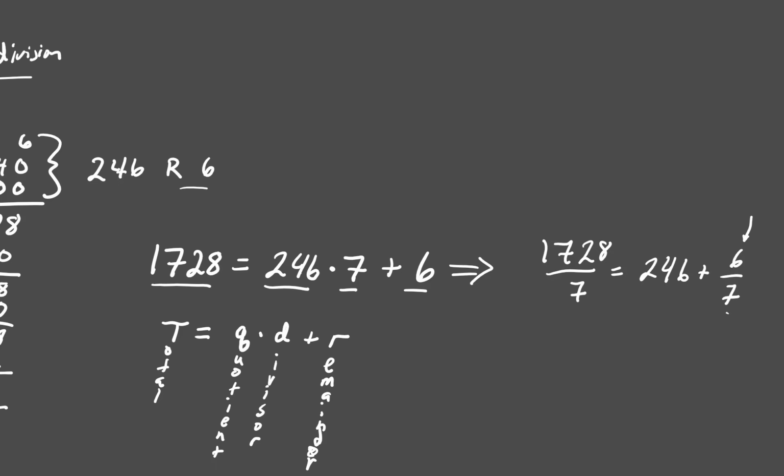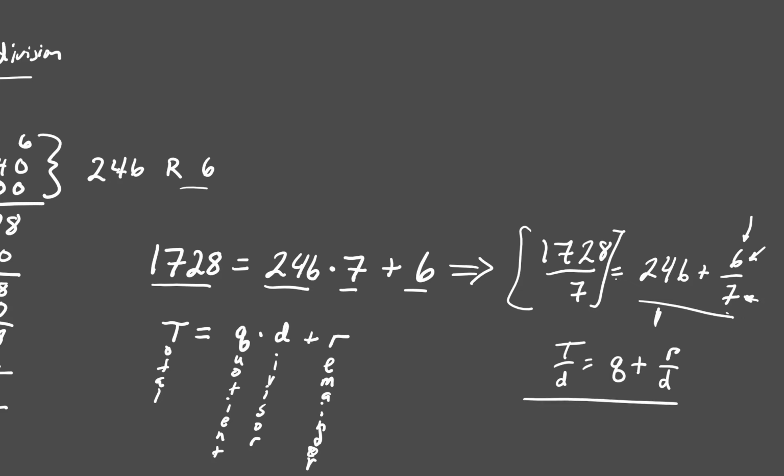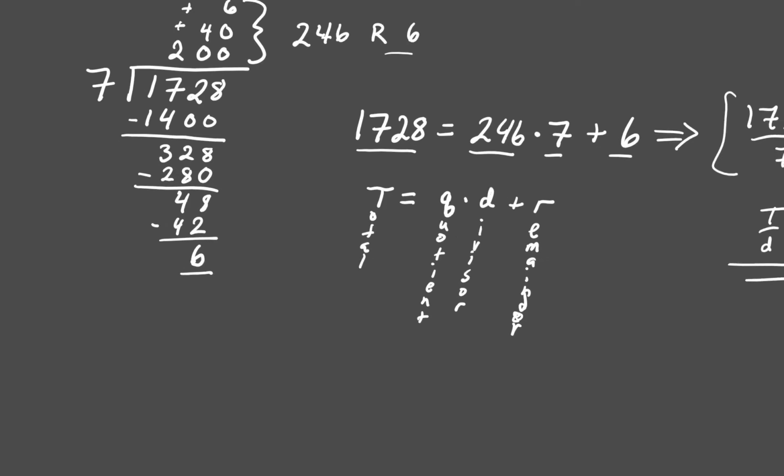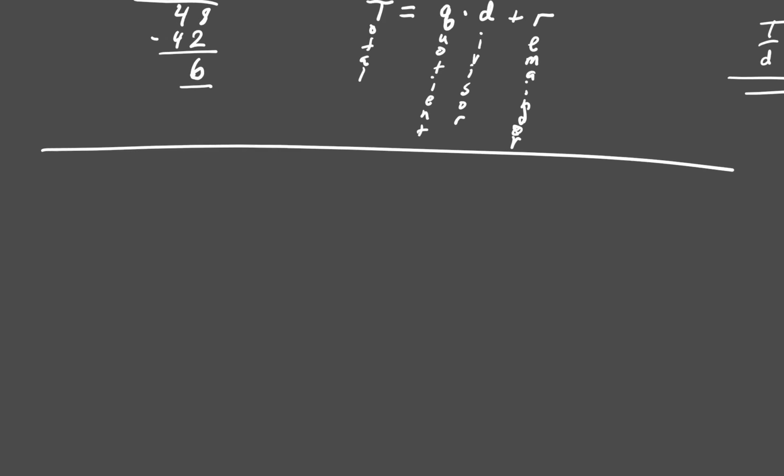Okay, this division is the one that we were performing, and it's equal to this quotient plus the remainder divided by the divisor. So the total divided by the divisor is equal to the quotient plus the remainder divided by the divisor. And this is how we're going to write out the solutions to our long division problems with polynomials. Let's talk our way through one of those using the same ideas.